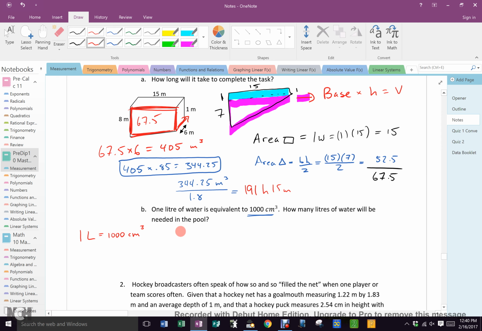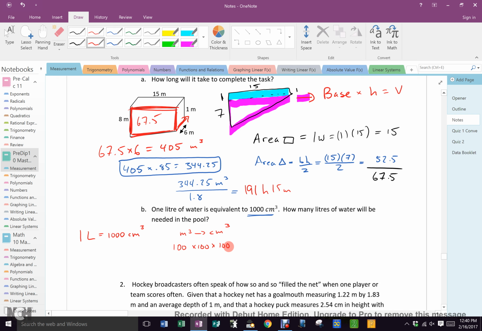So I need to do meters cubed to centimeters cubed. Meters to centimeters is times 100. That covers one dimension. I'm covering 3 dimensions, aren't I? So it has to be 100 times what? Another 100 times what?